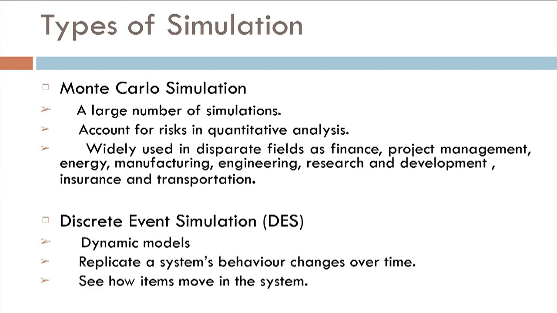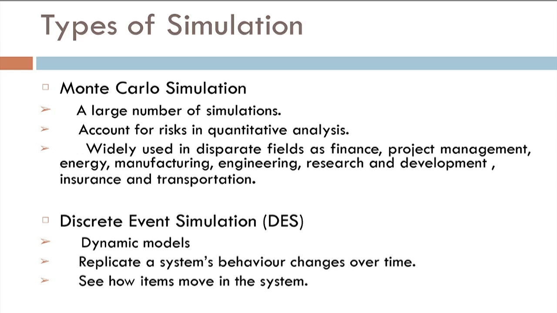I'm going to introduce two main types of simulation. The first one is the Monte Carlo simulation, which will be the focus today. The Monte Carlo simulation is an analytical technique that involves running a large number of simulations using random quantities for uncertain variables, and looking at the distribution of the results to infer the most likely result.